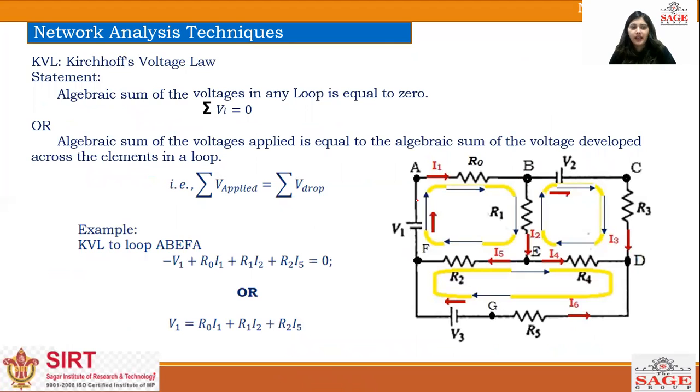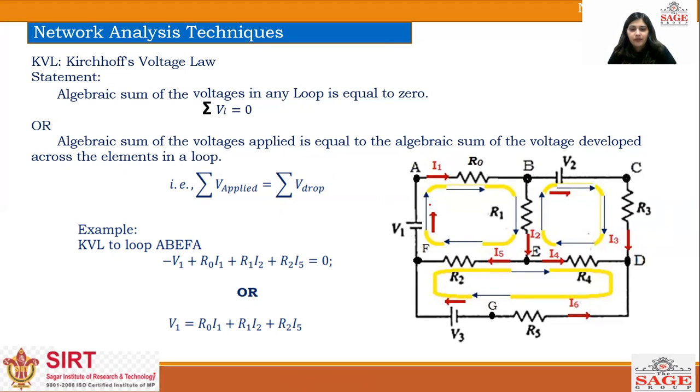We will see KVL. We have studied KVL earlier in school as well, which is Kirchhoff's voltage law, and we also have Kirchhoff's current law. Now the statement says the algebraic sum of the voltages in any loop is equal to 0.